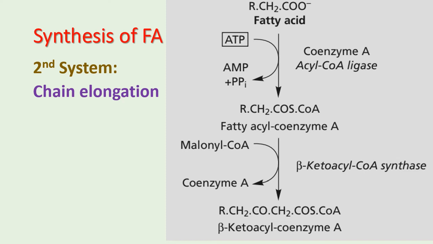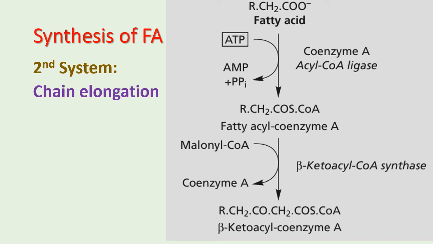In the previous slide, you have seen that the preferred substrate for chain elongation is palmityl-CoA, and the product of this chain elongation in most tissues is stearic acid or stearate, an 18-carbon fatty acid. Long chain saturated acids with 18, 20, 22 and 24 carbon atoms are synthesized in the brain, where they are required as a component of brain lipid.